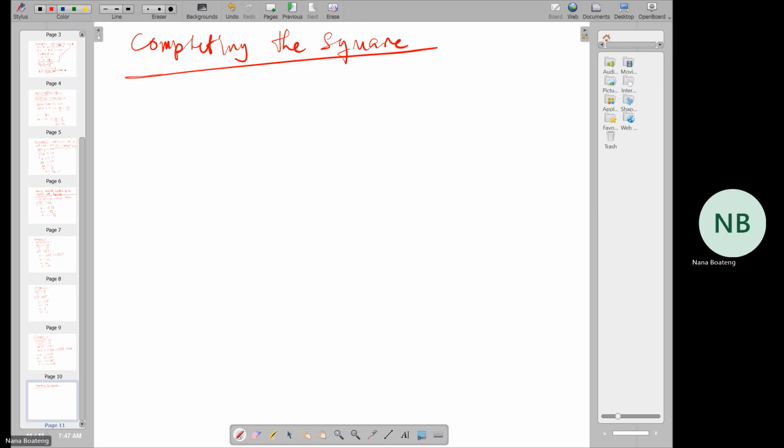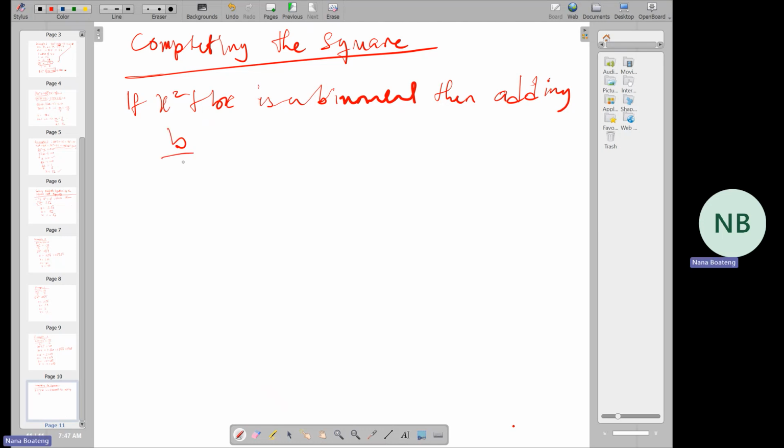All right, so if we have a binomial or a quadratic expression, like x squared plus bx, then adding b divided by 2 squared results in a perfect trinomial.